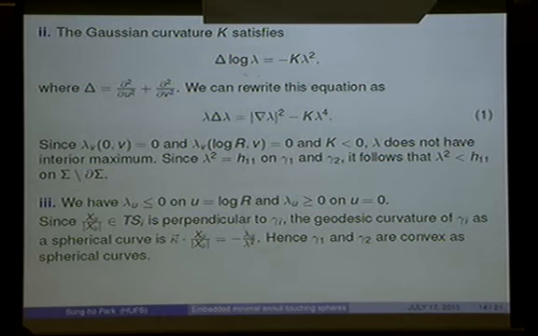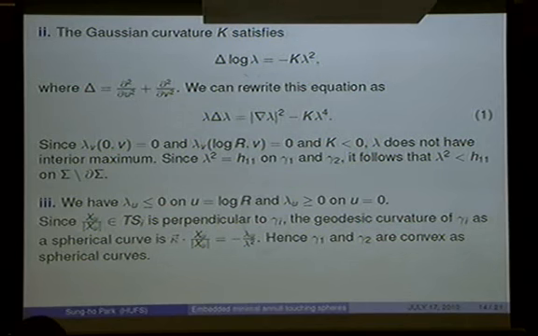So I proved the second result, and the third result can be proved as follows. First, we note that lambda u is non-positive on the left boundary, and non-negative on the right boundary.